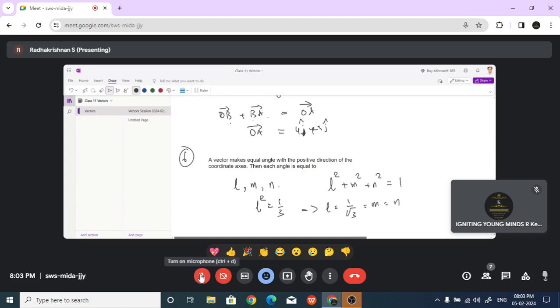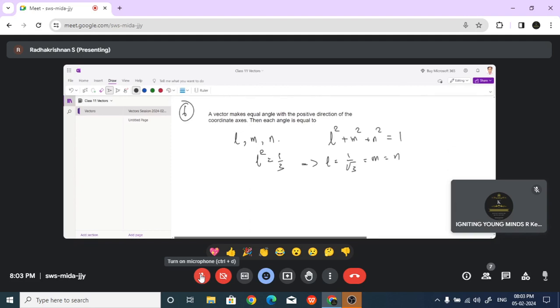Then only, for those equal angles, L square plus M square plus N square can be equal to 1. So the cos of that angle is 1 by root 3, so each angle is equal to cos inverse 1 by root 3.